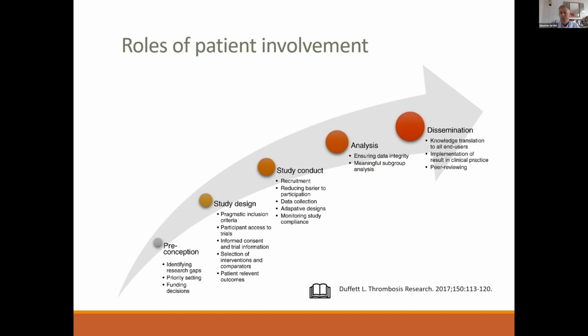However, of course, also patients can help in recruiting participants for a study. They can give advice on what the best recruitment strategy should be. And they can sometimes also help in data collection and also at the end interpreting the data and the findings.